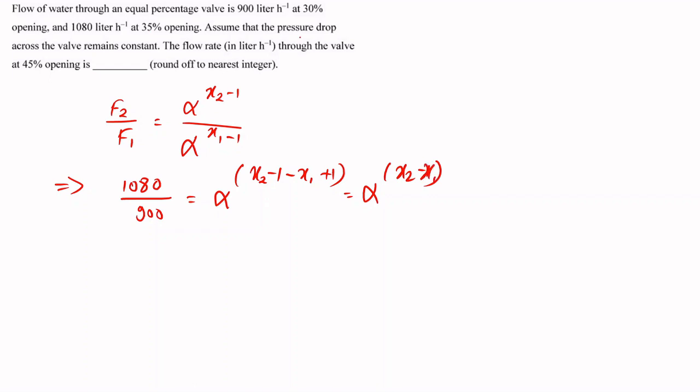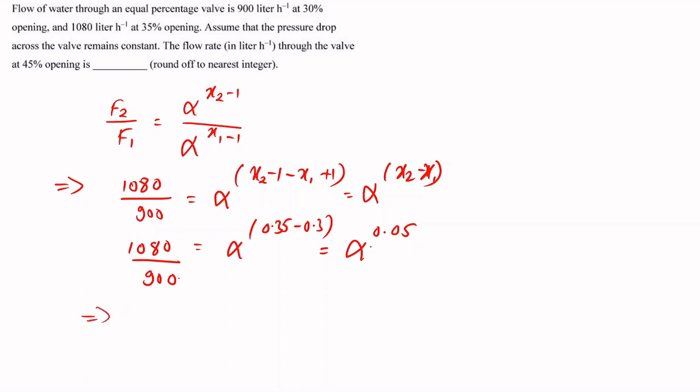Now x2 is 0.35 and x1 is 0.3. That will become alpha raised to 0.35 minus 0.3, which is alpha raised to 0.05, equal to 1080 upon 900.